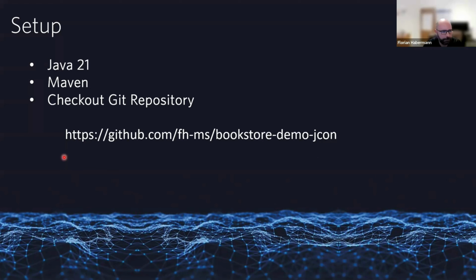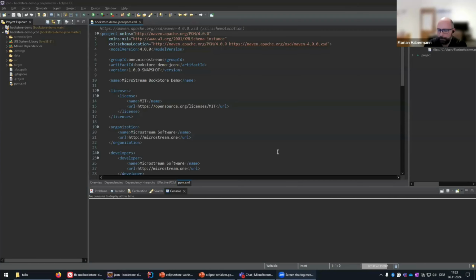Java 11 is the minimum requirement EclipseStore has. And that's about it. Of course, Maven to check it or to build it, and the Git repository is here. So I'll give you a minute if you want to download the code and set it up in your local environment. And then we'll head into the live code straight away.